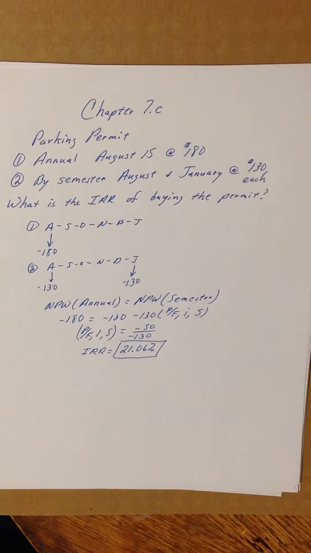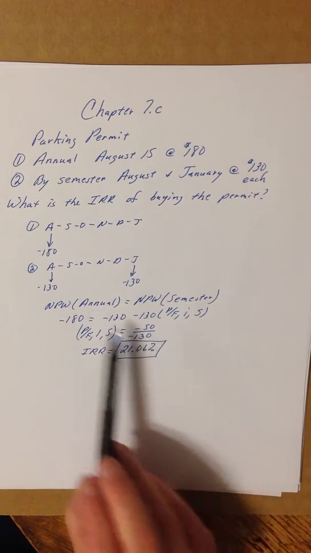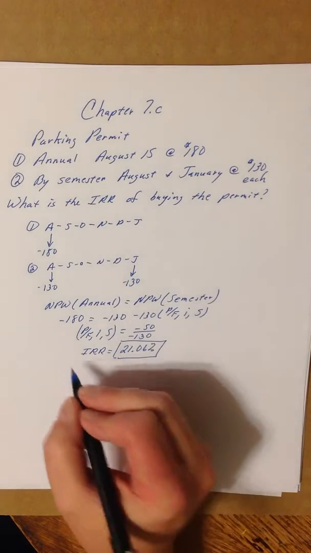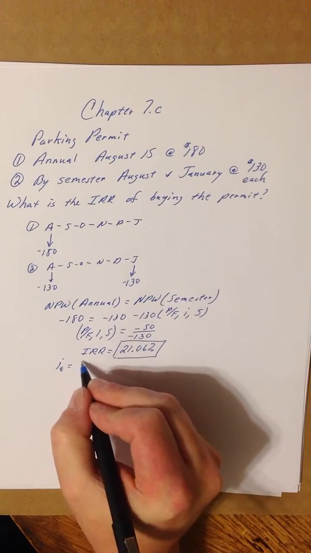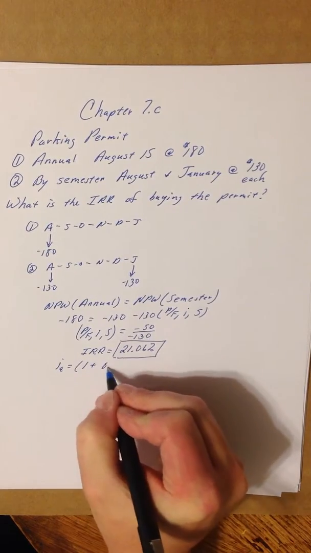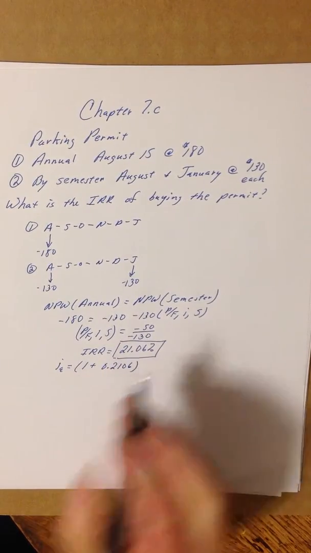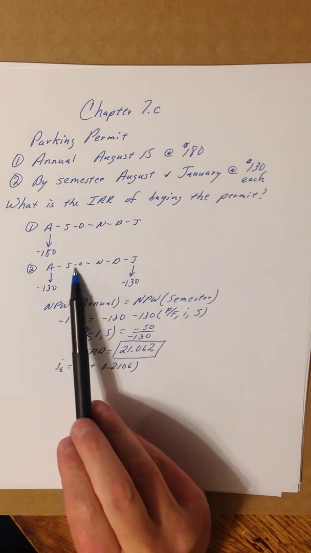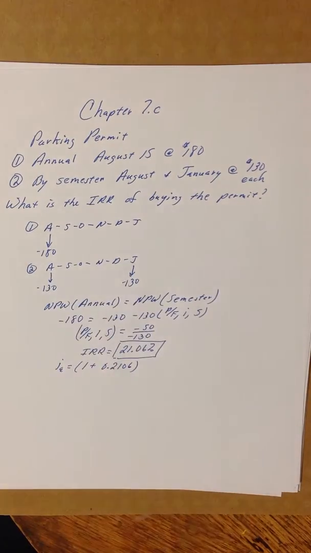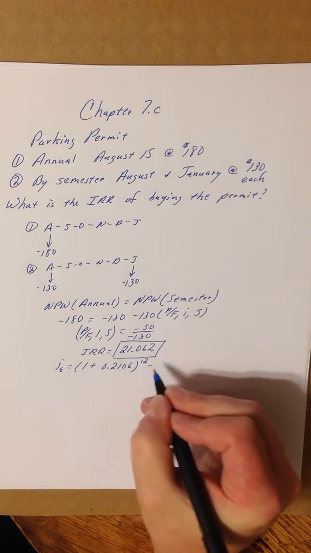Now this one right here is calculated in months. So if I asked you to do the effective rate, IA in this case would be 1 plus this 21.06%, and since this is in months, going from one month to the next, like August, September, that means we have 12 compounding periods.